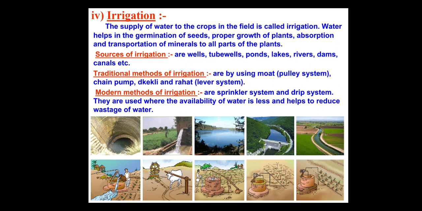Water may not reach all the plants, all the corners of the field area, and so on. So, today we have modern methods like drip method and sprinkler system, wherein even if the available water is less, still the water can be given to the corner of the field area.